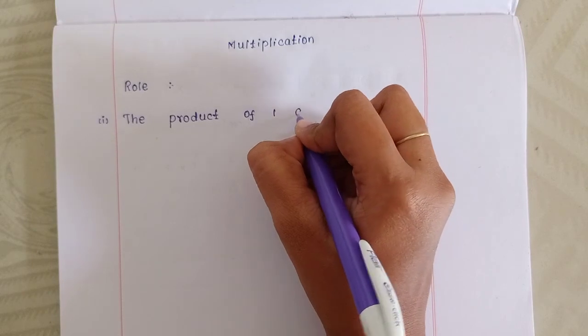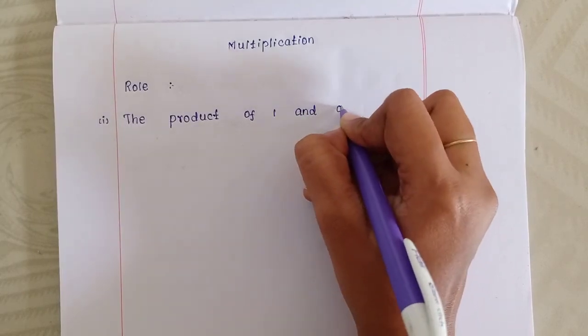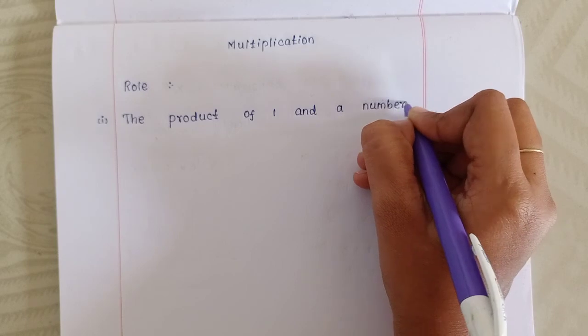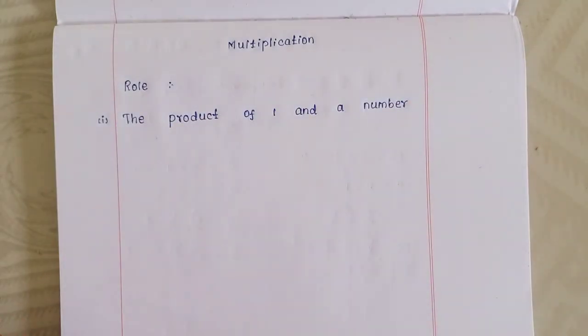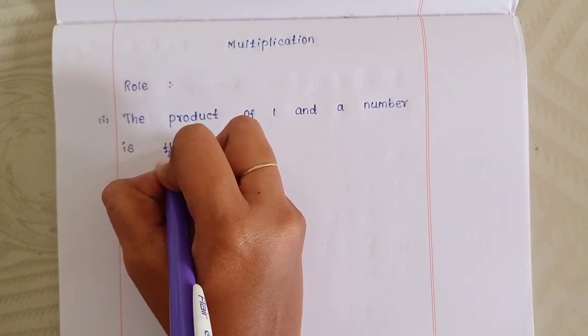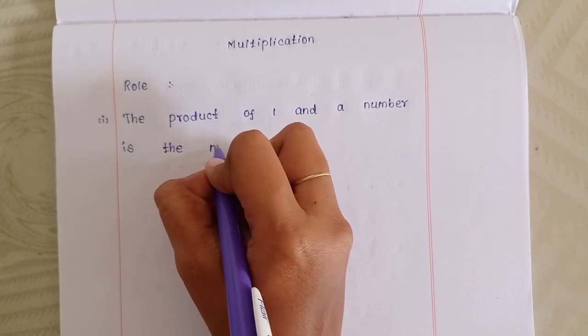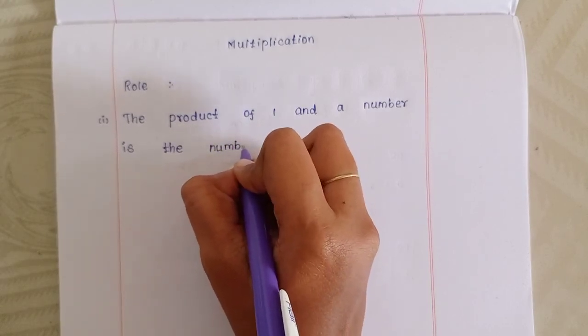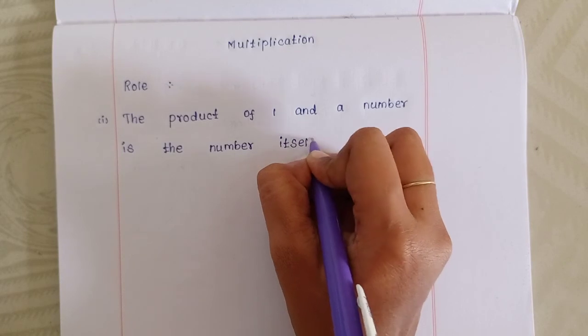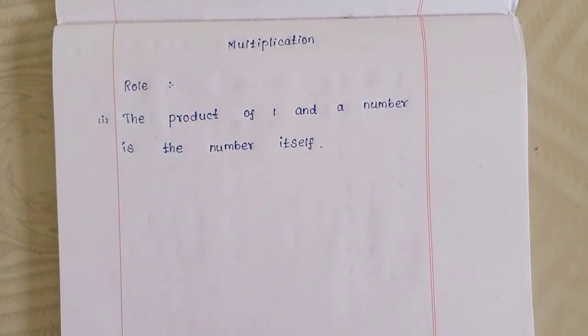The product of 1 and a number is the number itself.